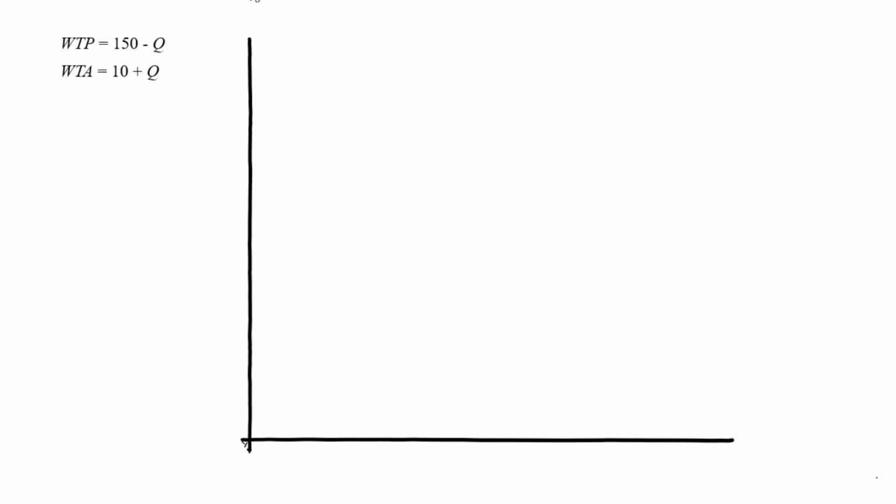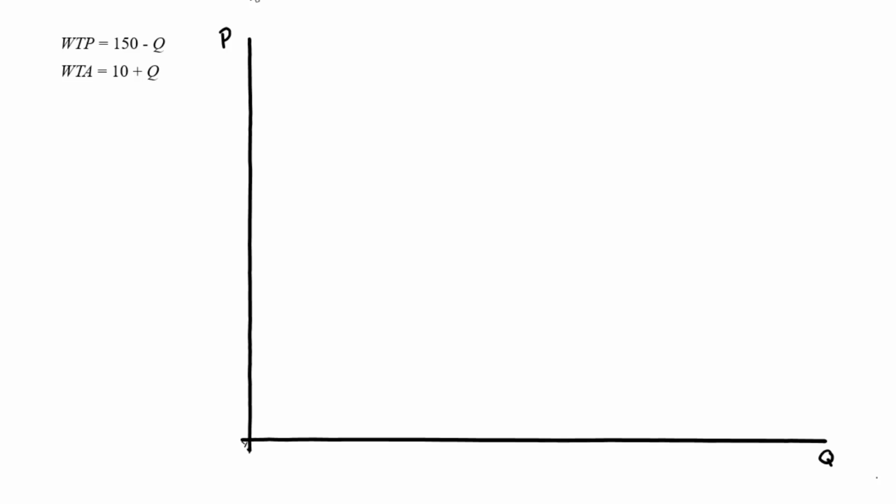So we have a vertical axis. That, of course, will be our price axis. And then we're going to have a horizontal axis. I encourage you to use a ruler as well. It makes the whole thing, I think, a little easier. Right up here, we have price. Down here, we have quantity.